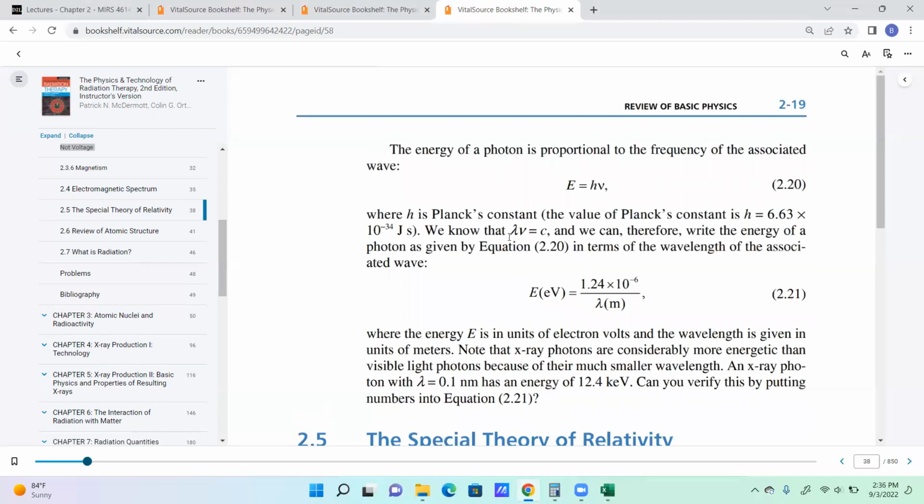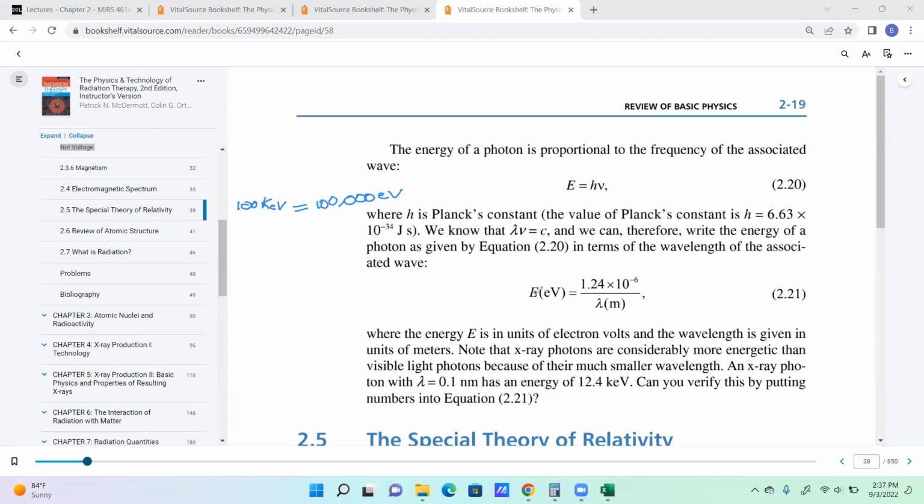100 keV. All right, so it said 100 keV. This is the same thing as multiplying this by 1,000, so I should end up with 100,000 eV.